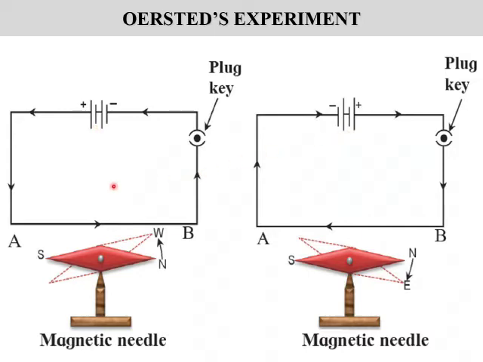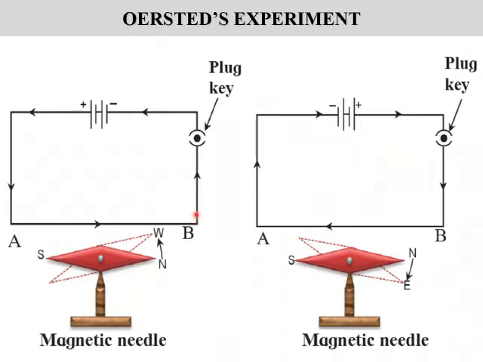Now what Ørsted did was that he completed the circuit by putting the plug key, and we know that the current would start flowing and a magnetic field would be developed around the conducting wire.